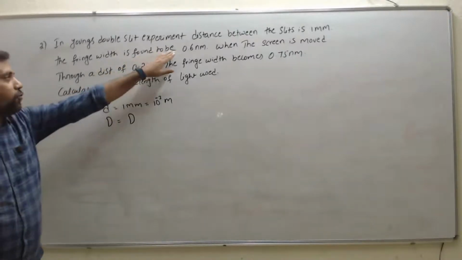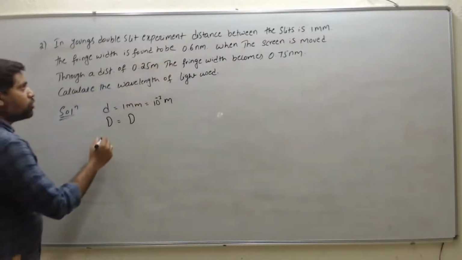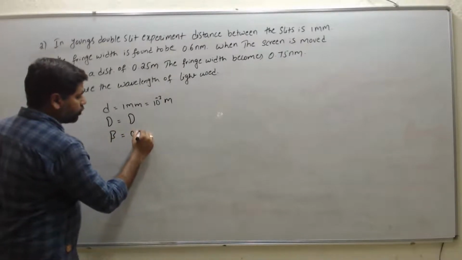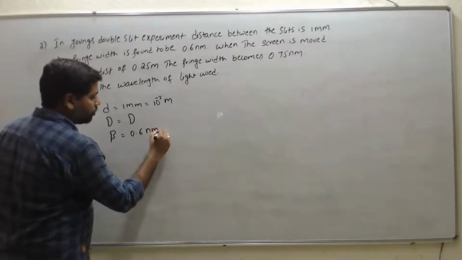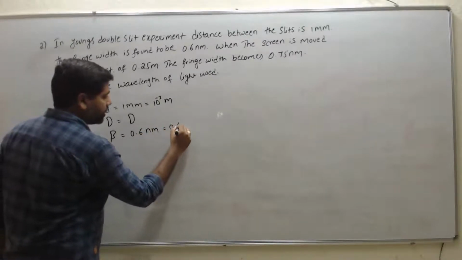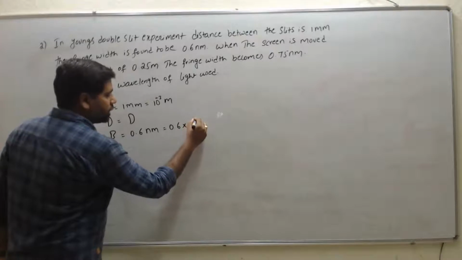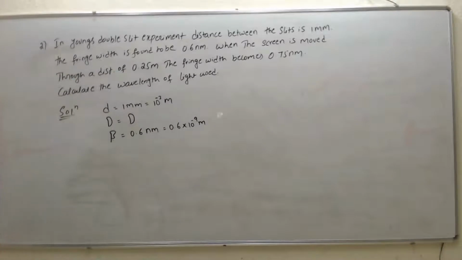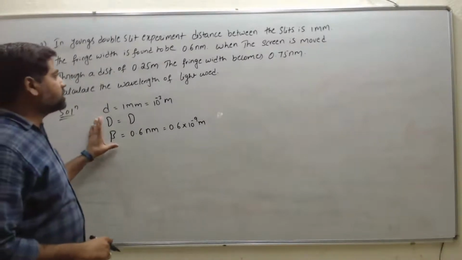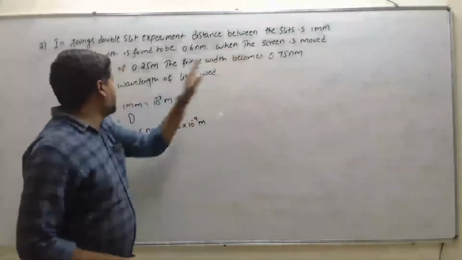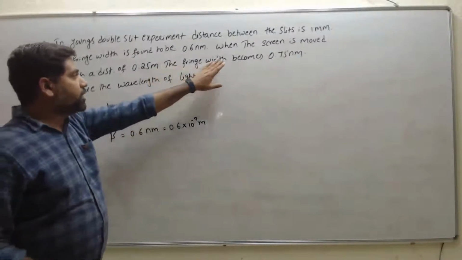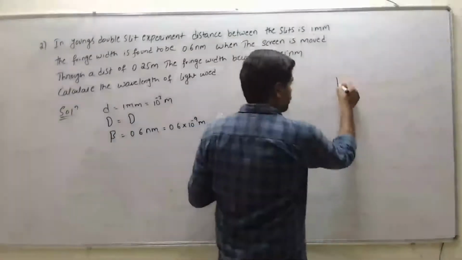They gave beta is equal to 0.6 nanometer, which can be converted into meter, that is 0.6 into 10 to the power of minus 9 meter. Nano means 10 to the power of minus 9, right? Next, they say when the screen is moved through a distance of 0.25 meter, the fringe width becomes.